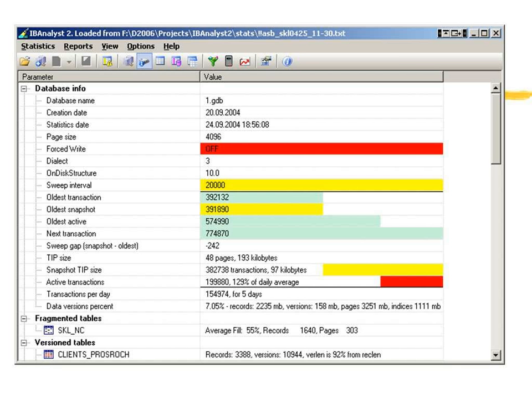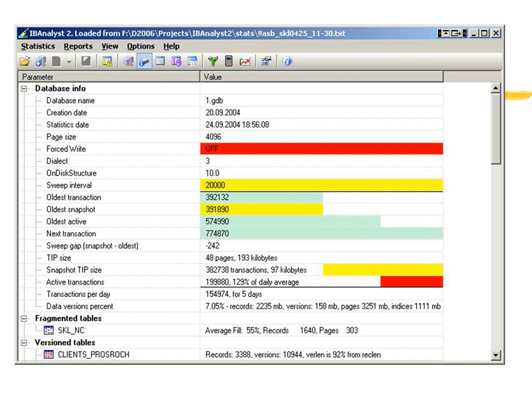So don't care much about this information if you use IB analyst with a database that is only being developed, because you don't have real usage yet.